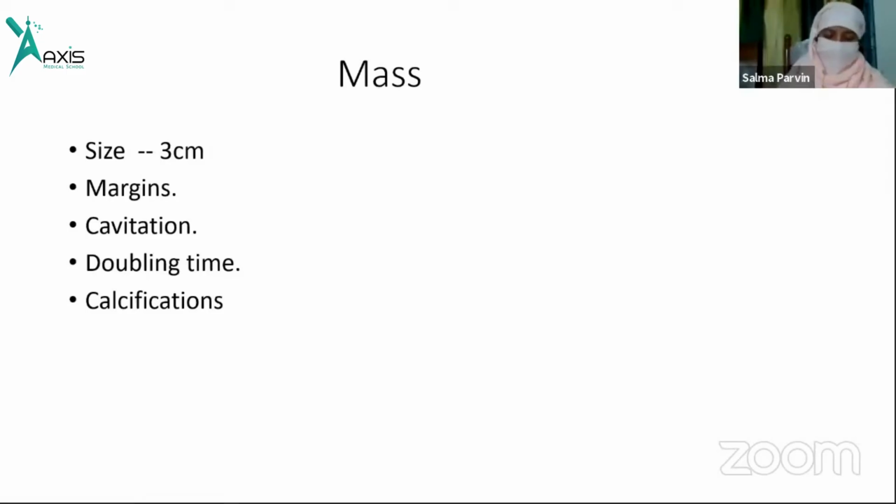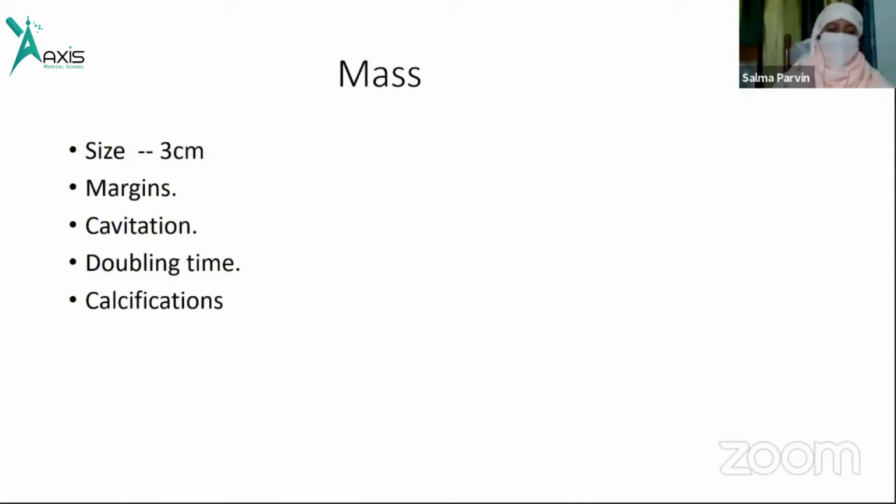Usually mitotic lesions in the lungs double in 1 to 18 months. So we can have serial films at 6 months, and 6 months, and 6 months, to see changes in size, and the doubling time can be assessed. Usually it is said that if there is no change in size by 6 months, there may be no mitotic cells inside.